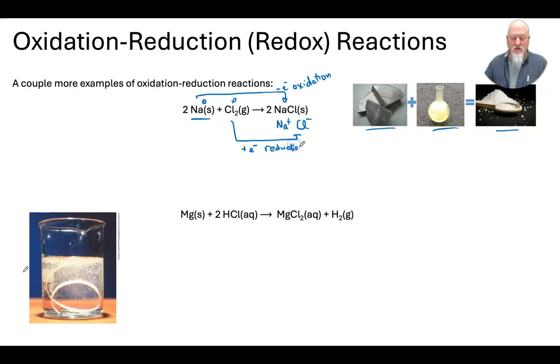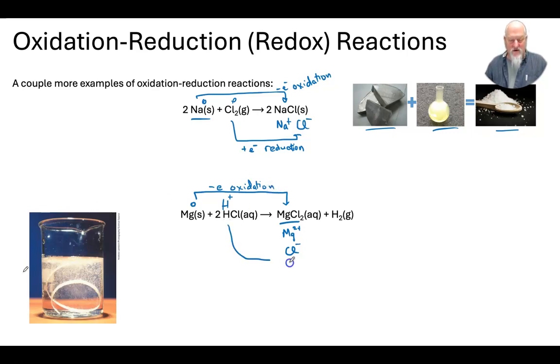And the last one is, we've also seen the magnesium metal reacting with the hydrochloric acid. Okay, magnesium 0 here. The H as an acid, which we'll see later, is H+. And it goes over here to magnesium chloride, an ionic compound, so that must mean the magnesium's ionic, and the chlorine is negative. So as the magnesium reacts, it goes from no charge to a +2 charge. It's losing electrons, so that's oxidation. So the magnesium is being oxidized.